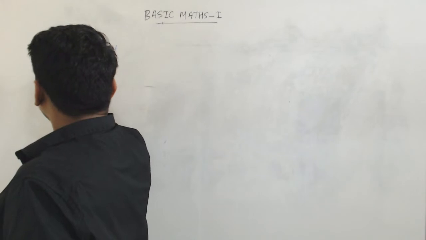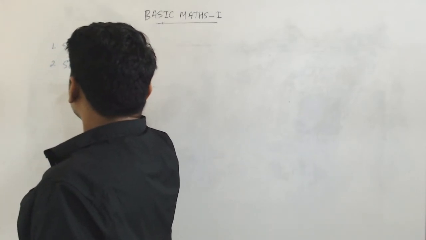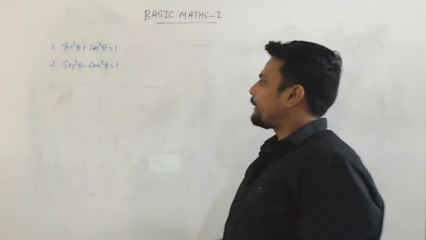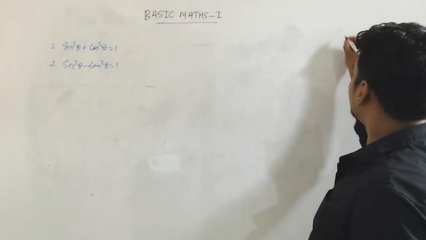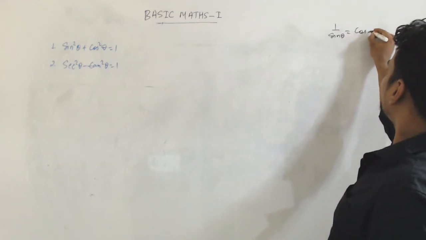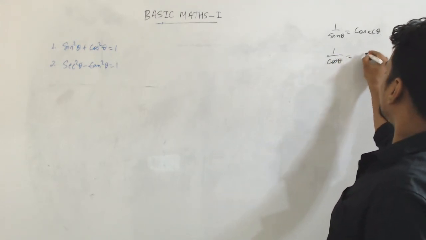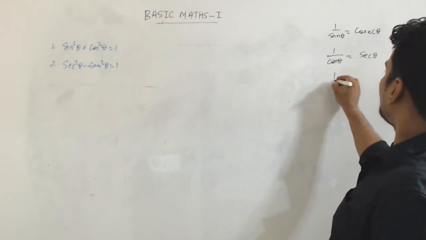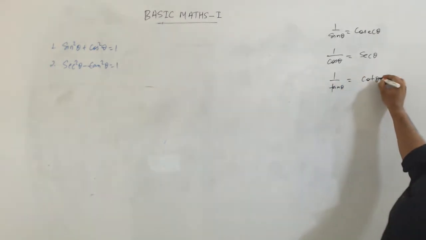The sec square theta minus tan square theta is also going to give me 1. Now you might be wondering, what is sec theta? To help you on that, 1 upon sine theta is termed as cosec theta, 1 upon cos theta is termed as sec theta, 1 upon tan theta is termed as cot of theta.